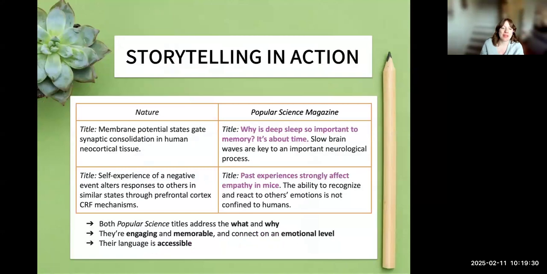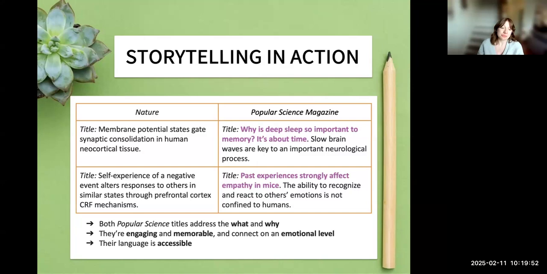Next slide, thank you. So just as a quick example, I am a big fan of science. I love reading about science, but I'm not a scientist. And so I really appreciate magazines like Popular Science, which will use storytelling very effectively to share and disseminate scientific information.